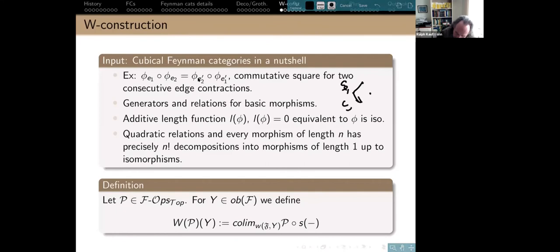You could contract with an edge E2. You get different end results, but the image of this edge in the contraction will give you another edge, E2 prime, and you can contract that, and the image of this E1 edge will give you another edge, E1 prime, and you can contract that, and these things commute.